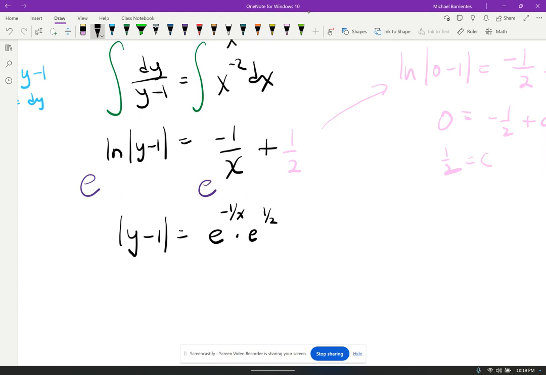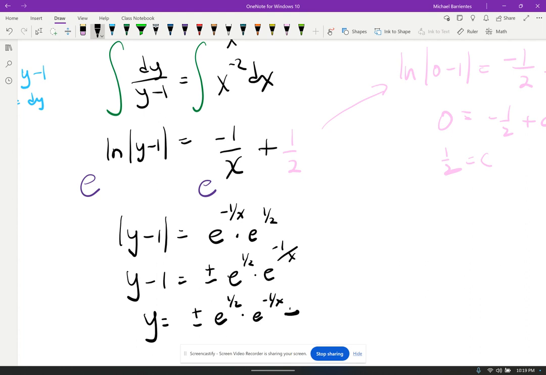And now we're going to take the absolute values away, which means this is going to involve a plus or minus e to the 1/2 times e to the negative 1 over x. And then I'm going to add the 1: plus or minus e to the 1/2 times e to the negative 1 over x plus 1. There you go.